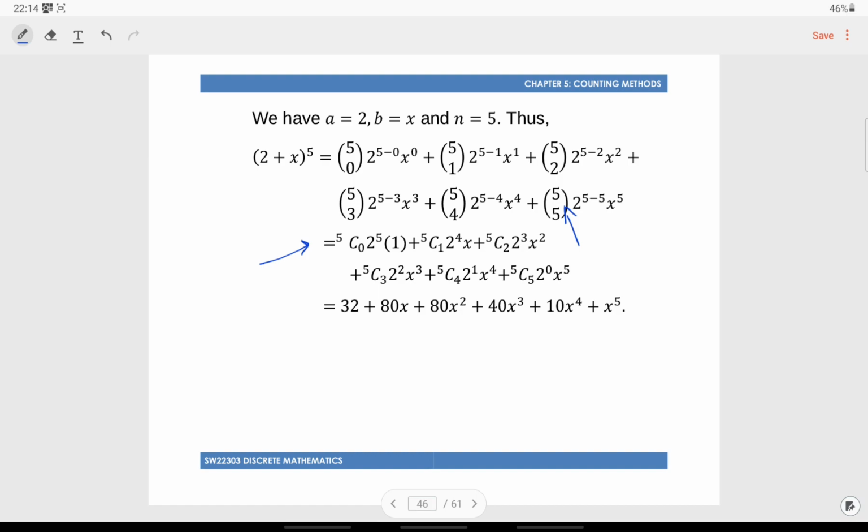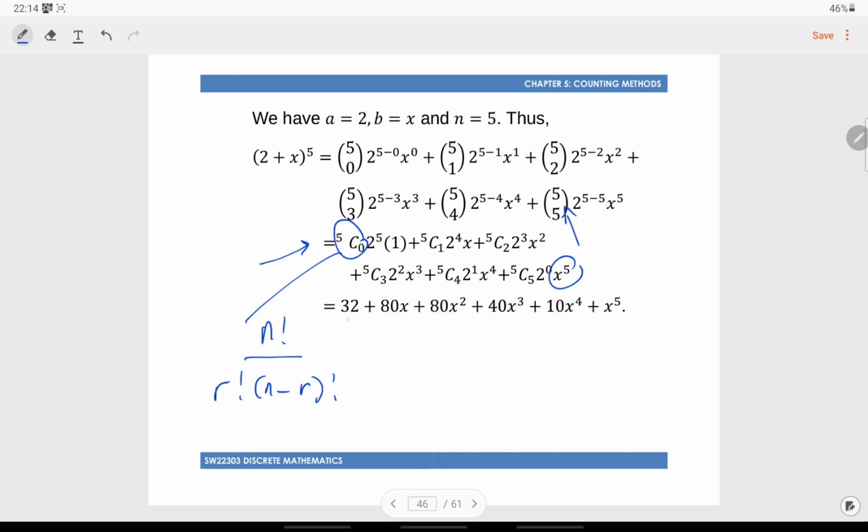And for the power of x, the highest power is x to the power of 5. Okay, so this can be computed by using the formula, n factorial over r factorial times (n minus r) factorial. In this case our n equals 5 and our r equals 0.